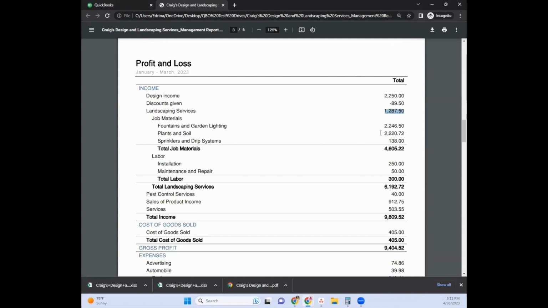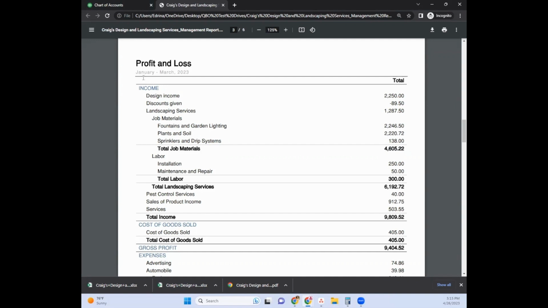And so these are part of this landscaping services. You can create accounts to have this type of structure there. So your total job materials, which is just these 3 accounts here, is $4,605.22.